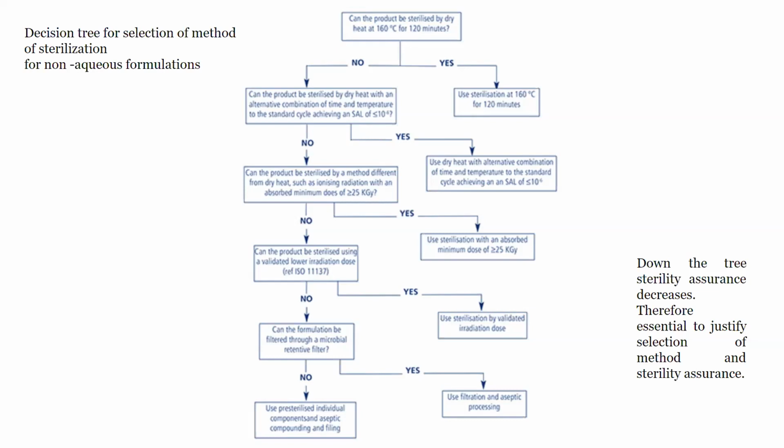This is because, whether it is an aqueous formulation or non-aqueous formulation, as you go down the decision tree, the sterility assurance level decreases. So moist heat sterilization for aqueous, and dry heat sterilization for non-aqueous, are the best options to have assurance of sterile products.